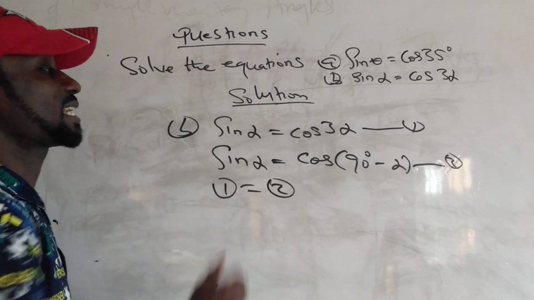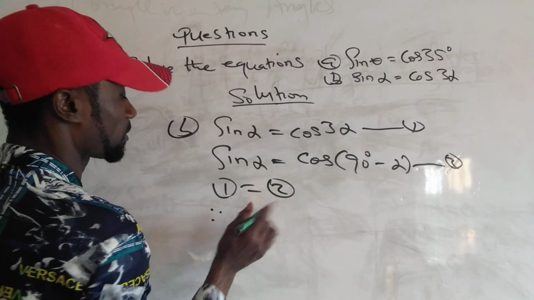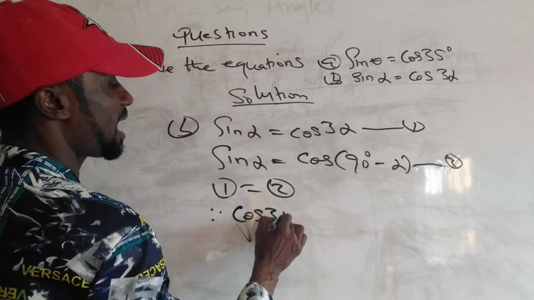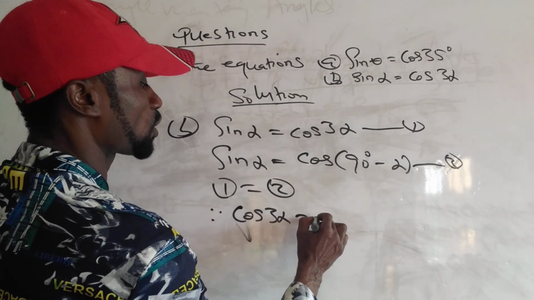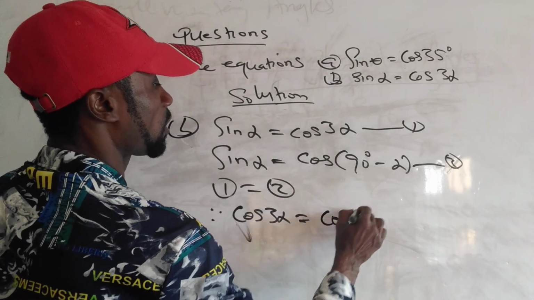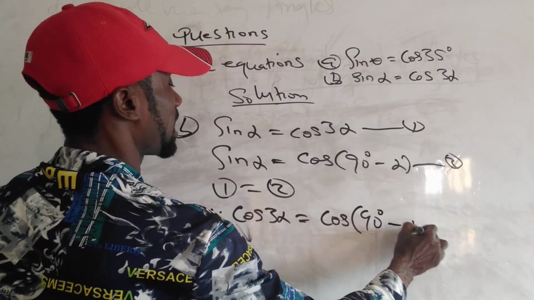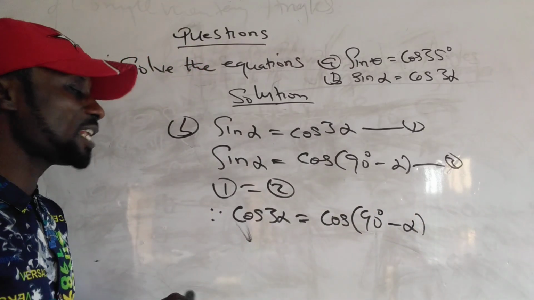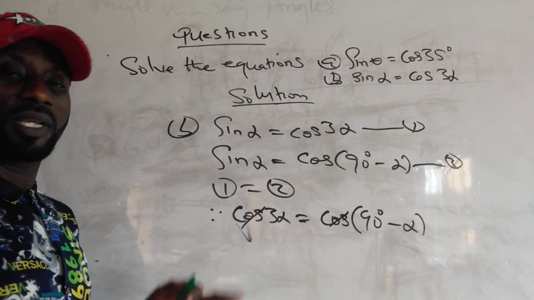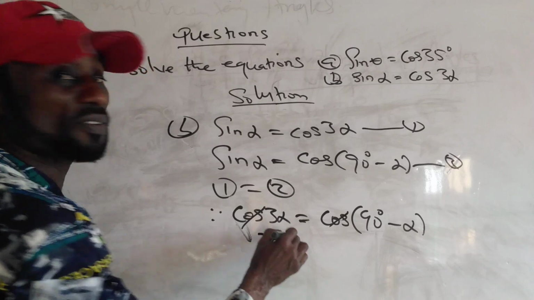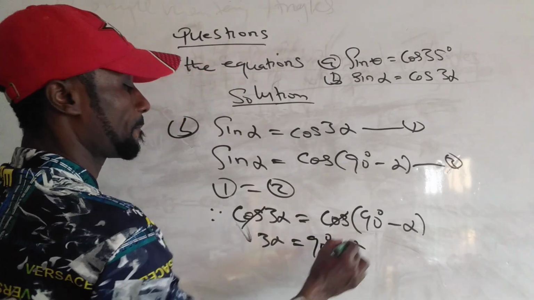So therefore, I will say that cos 3 alpha in place of sine alpha in equation 2 is equal to cos of 90 degrees minus alpha. So at this point, cos will take away cos. Then I end up having 3 alpha is equal to 90 degrees minus alpha.